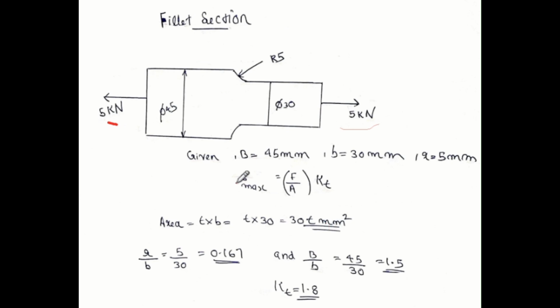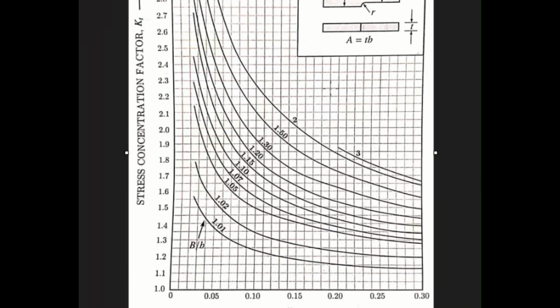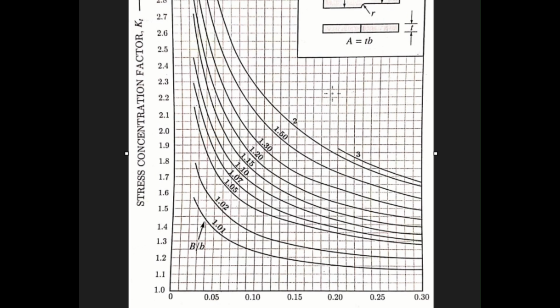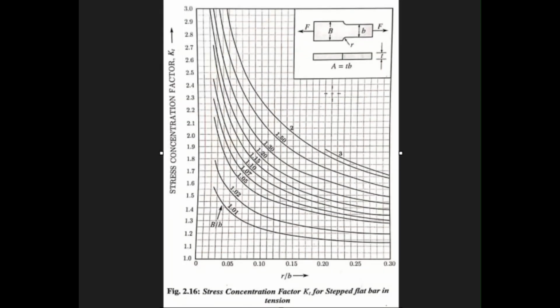If you check the data book, you can see these types of shaft. You need to find the value of small r by small b and capital B by small b. If you have these two values, we can find KT from this graph. Corresponding to these values of r by b and B by b, if you plot, you get the value of KT.